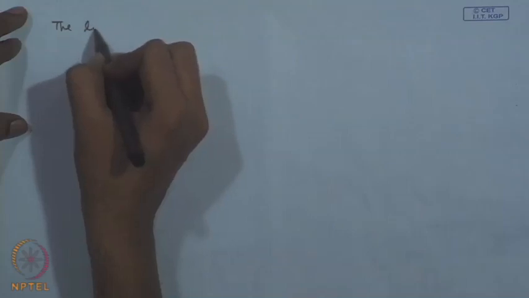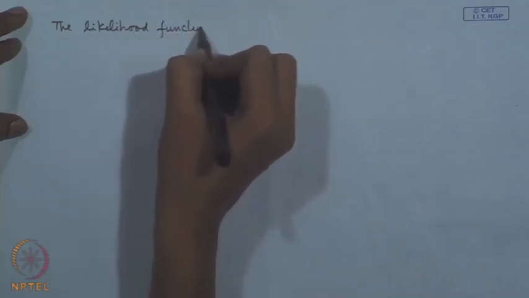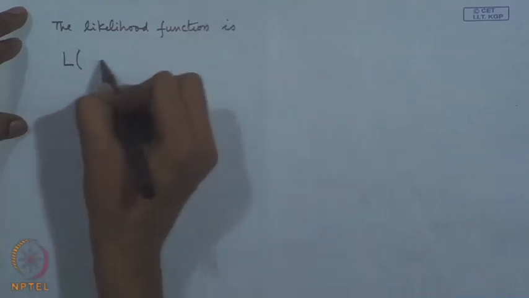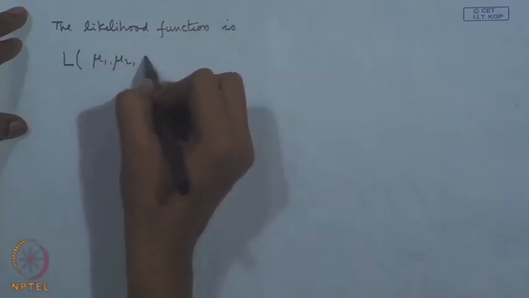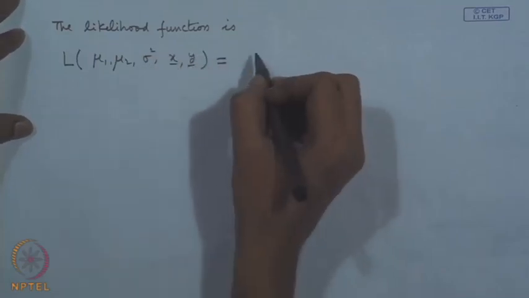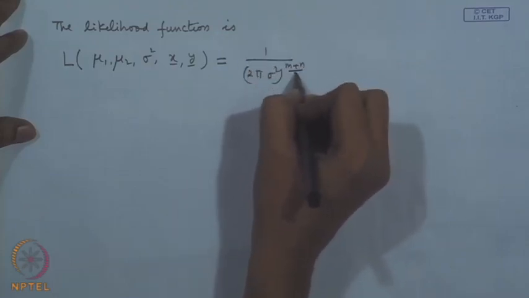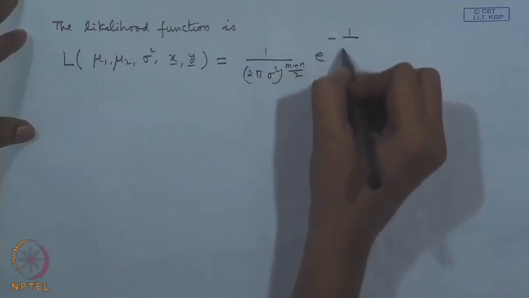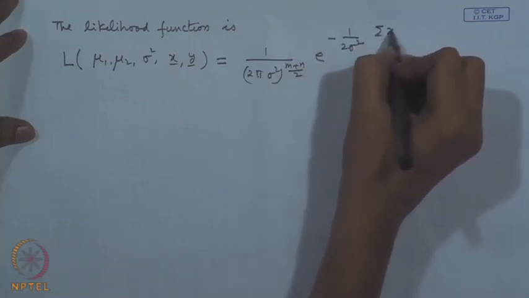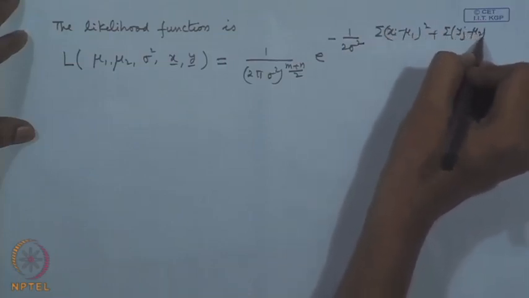Let us write down the likelihood function. The likelihood function is given by L of mu 1, mu 2, sigma square, x and y, that is equal to 1 by 2 pi sigma square to the power m plus n by 2, e to the power minus 1 by 2 sigma square, sigma x i minus mu 1 square plus sigma y j minus mu 2 square.